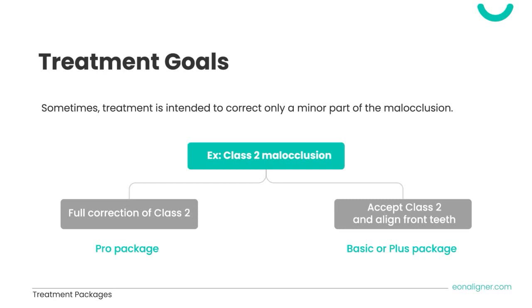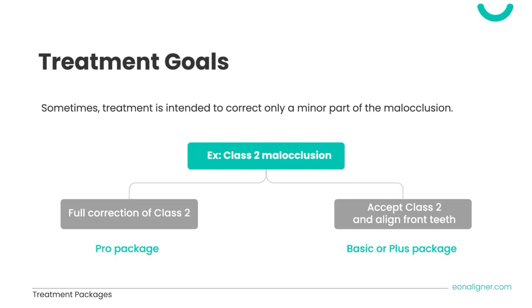But sometimes, treatment objectives will be to accept the Class 2 relationship and increased overjet, and aim to correct the minor front teeth misalignment only, which will work as a Basic or Plus package. So, treatment goals are also an important factor in determining treatment packages despite case complexity.